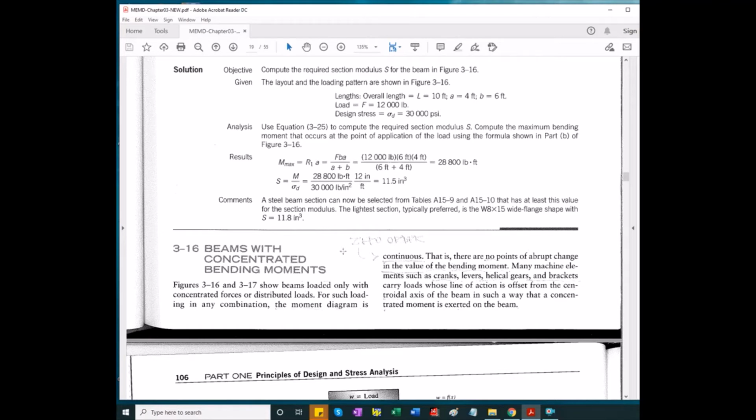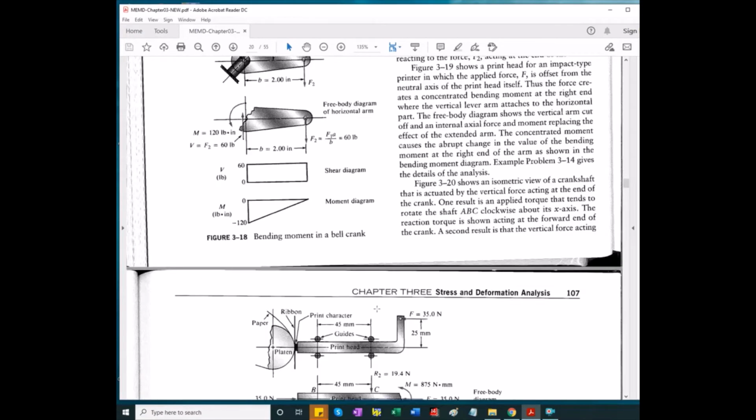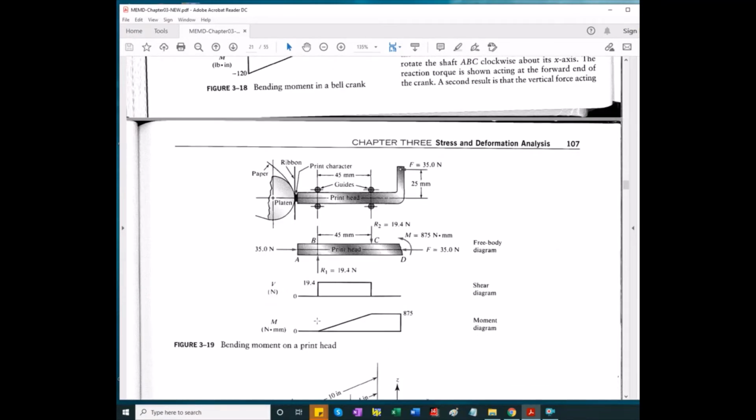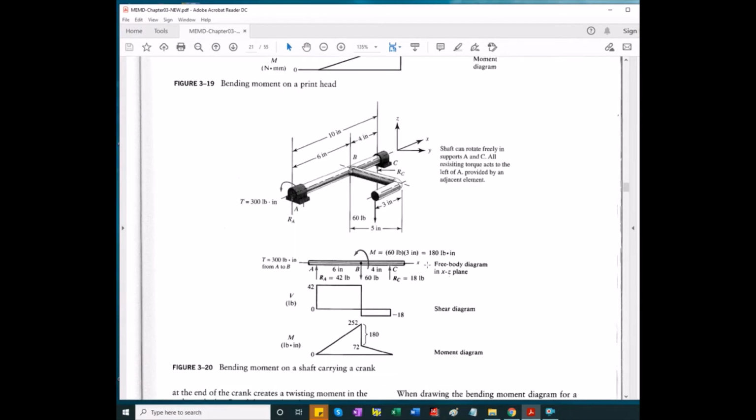Beams with concentrated bending moments were barely touched in the strength book. Now they're discussed more. We have machine elements that may have either induced or directly applied moments. We're going to come back to this problem, assuming it to be a pressurized pipe, once we discuss from the strength book the pressure vessels, and it's a matter of analyzing this section ABC.